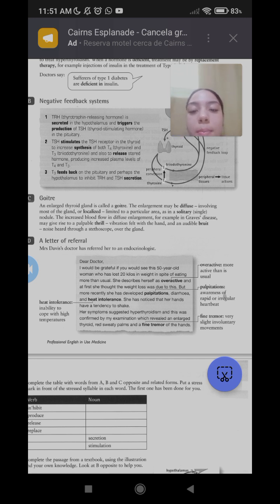T3 feeds back to the pituitary and the hypothalamus to inhibit TRH and TSH secretion.